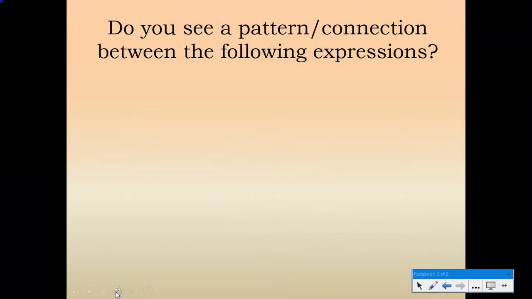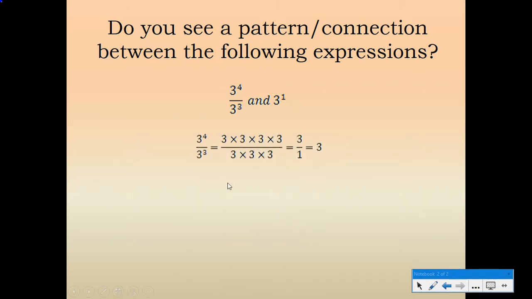All right, take a look at these two expressions, 3 to the 4th over 3 cubed and 3 to the 1st power. Is there a connection between them? So what we're going to do is expand the first expression out. We've got 4 3's in the numerator, 3 3's in the denominator. How does that become 3 over 1? Well, 3 over 3 equals 1. And 1 times a number is that number.